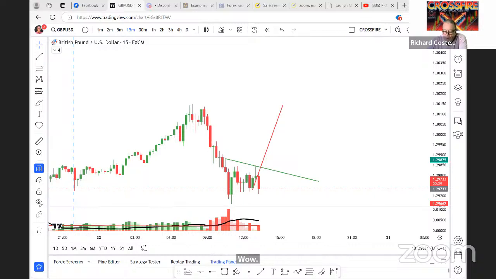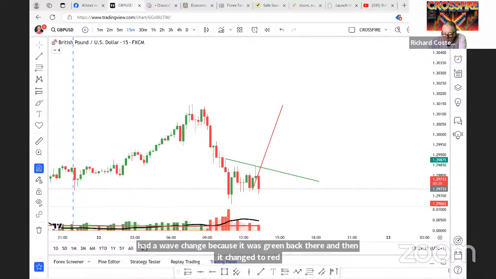So let's say that these trend lines are accurate and go through the process. I'm below the red trend line, so I'm thinking sells. That's confirmed here. It's looking for a sell signal. We've had a wave change because it was green back there and then it changed to red. And it's still red. So that's two components.